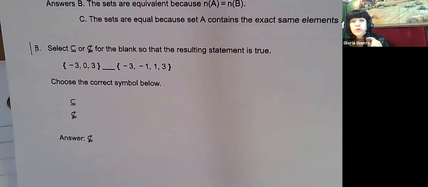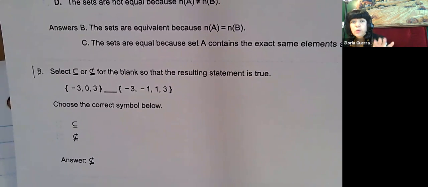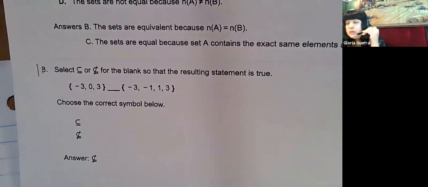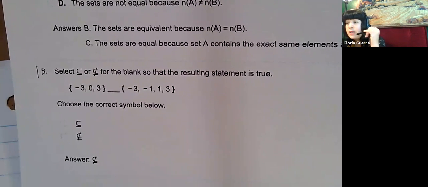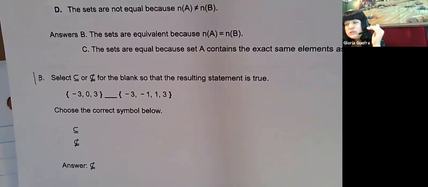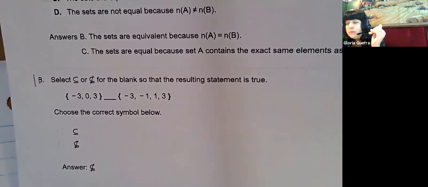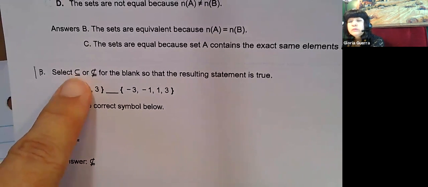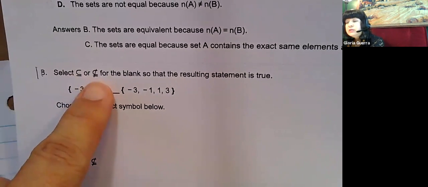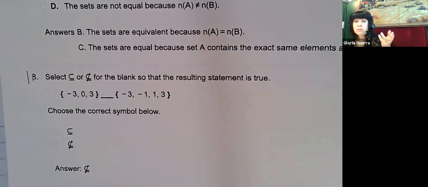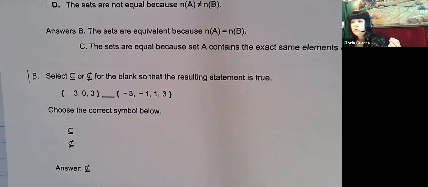So notice these two figures, and they almost look identical, except one has a slash through it, which means not. The word for this is a subset. So you want to learn this means this is a subset. This means that this is not a subset. So very important.